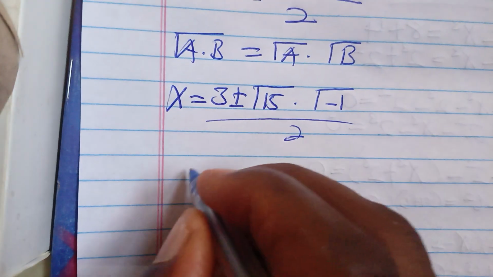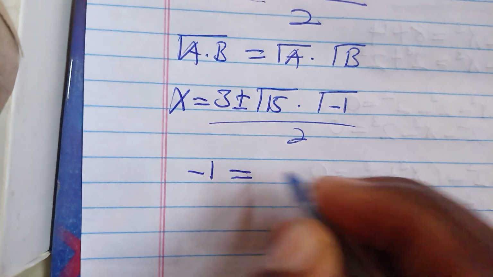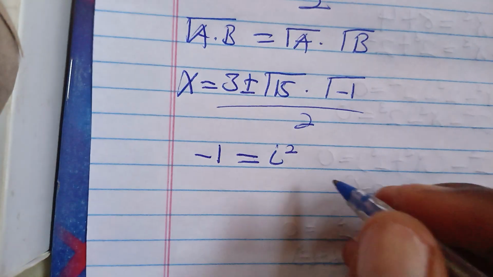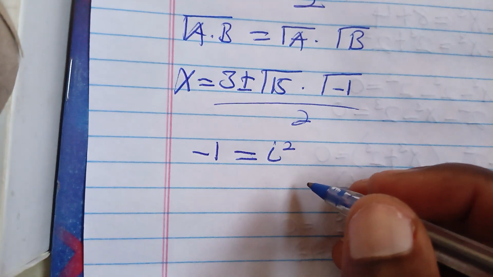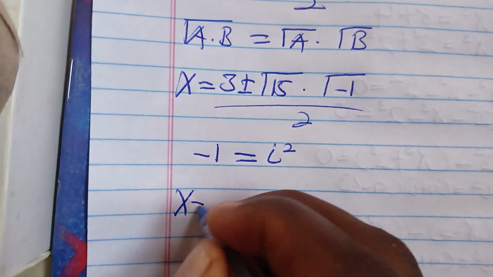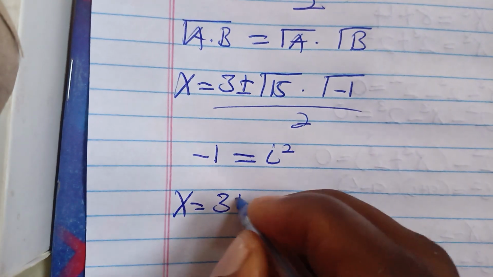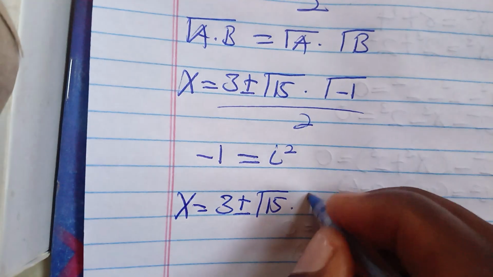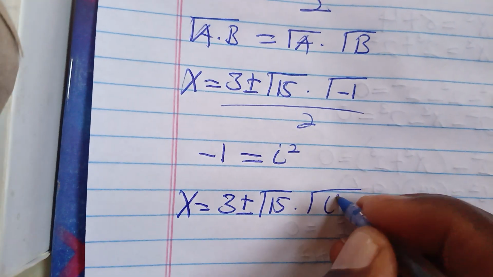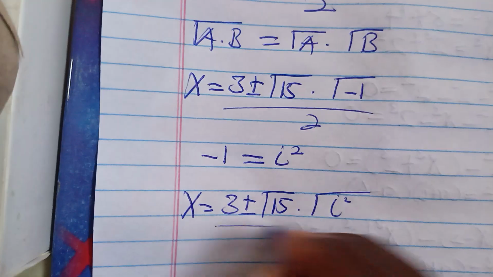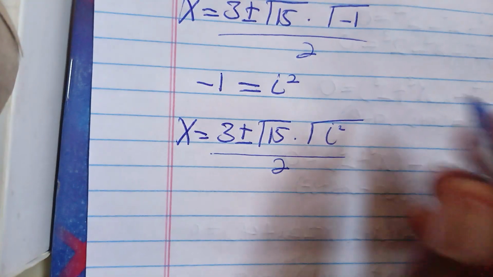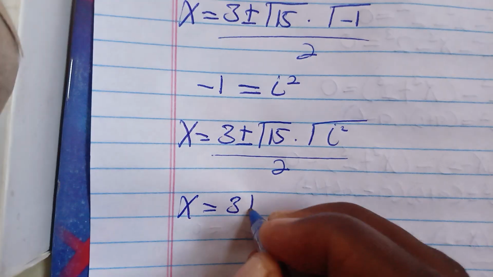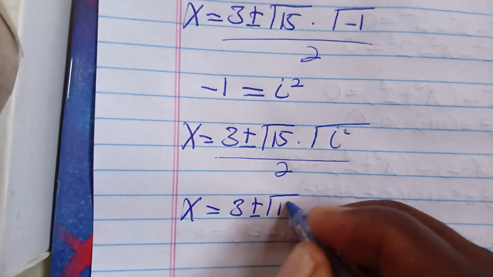Now we know that minus 1 is equal to i squared. Okay, so that is an imaginary number. So we are going to have x equals 3 plus or minus the square root of 15 times the square root of i squared all over 2. Okay, so our equation becomes x equals 3 plus or minus the square root of 15.